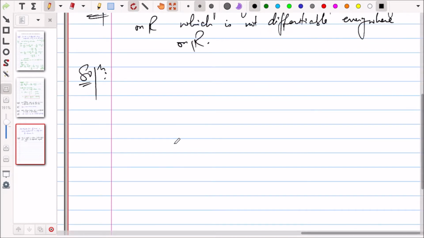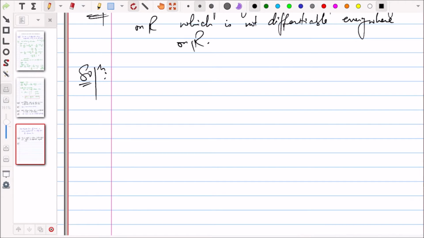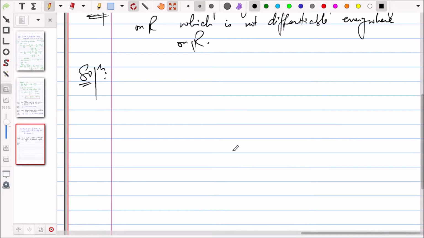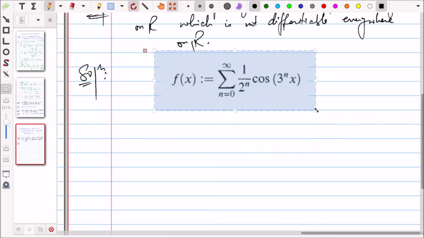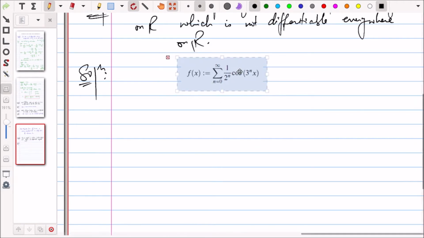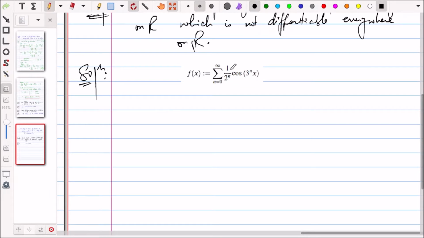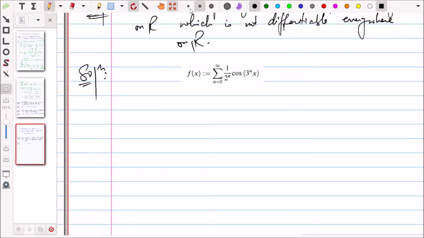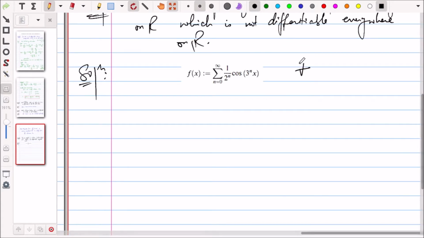So remember it. The proof is not in our syllabus. You just have to remember this function: continuous at every point but whose derivative does not exist anywhere. This is a very special function. f(x) equal to summation n equal to 0 to infinity of (1 by 2^n) cos(3^n x) for all x belonging to R. So this is how you can define this function.